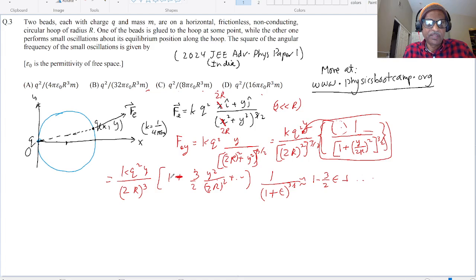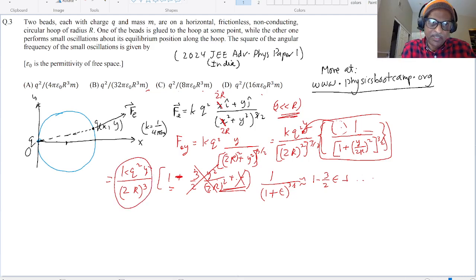Now this is very small compared to that. We've already assumed that, so we can forget this and all the higher order terms, and this is just 1. So indeed the force is proportional to y, and it will be a restorative force. There will be a force by the ring which will restore this.